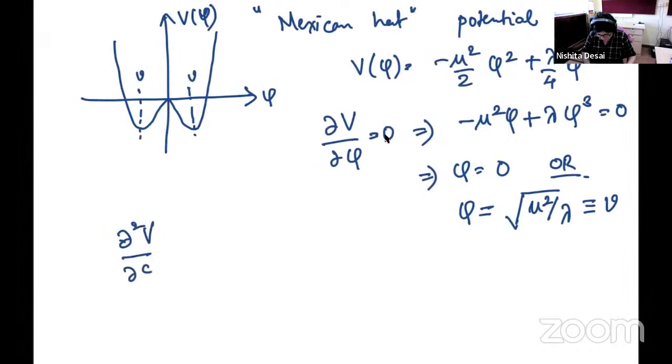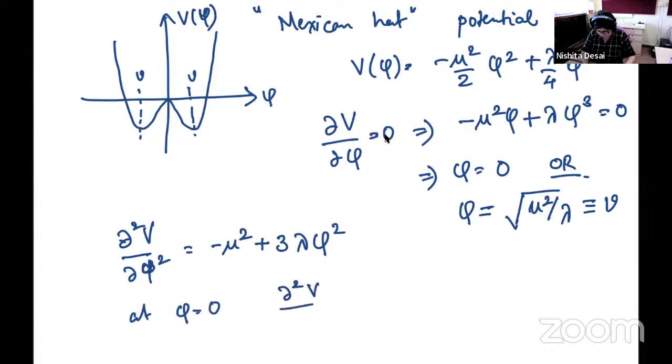So to find which one is the minimum, you can look at the second derivative of V with respect to phi. Okay. So there is minus mu squared plus three lambda phi squared. So at phi equals 0, you have minus mu squared.